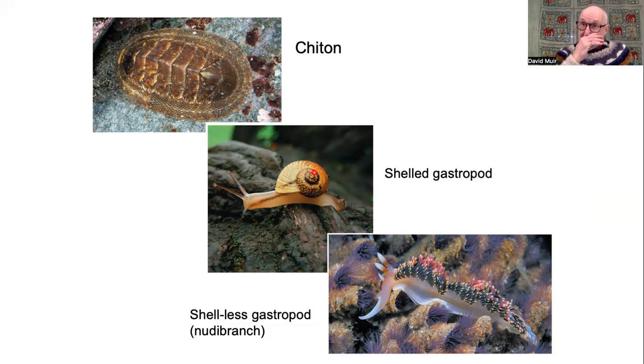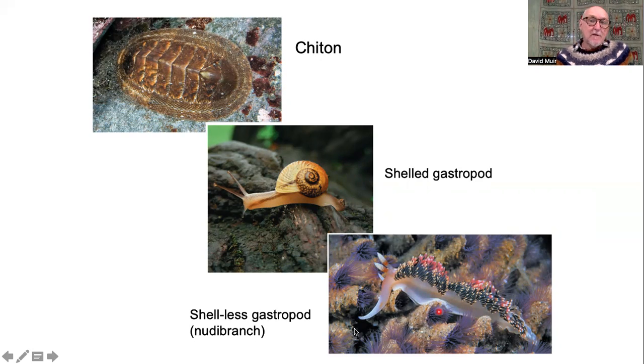The more advanced mollusks are the gastropods. And the typical gastropods are the land snails, for example, but all of the marine snails, the conchs, all of those things with a single spiral shell are the shelled gastropods. But there are also groups of gastropods which have secondarily lost the shell. And the most spectacular marine group are called the nudibranchs.